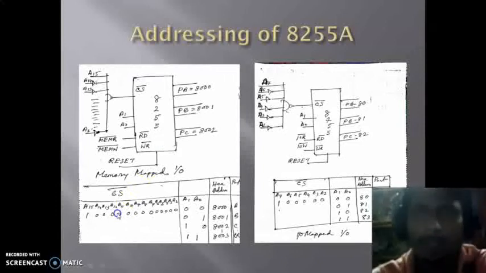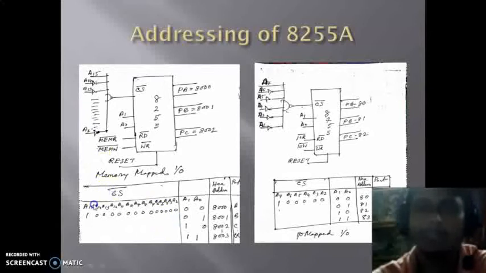Now we see the addresses of the different ports and control register: A15 equals 1, all the bits from A2 to A14 are 0, and the combinations are 00, 01, 10 and 11. These basically provide the addresses. So we get 8000 for the port A address, 8001 for port B, 8002 for port C, and 8003 for the control register.